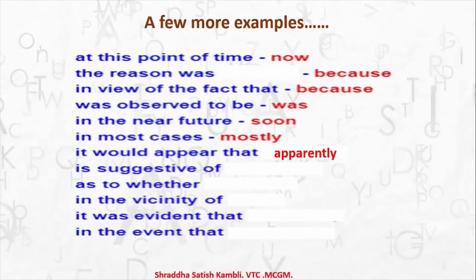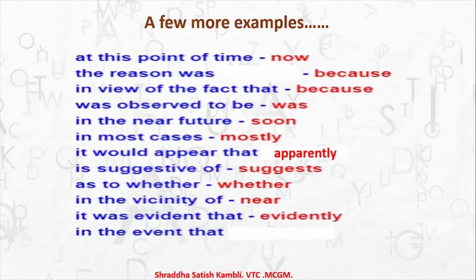Is suggestive of could mean suggests. As to whether could mean simply whether. In the vicinity of would mean near. It was evident that. Instead of saying these four words, you could simply say evidently. In the event that, you could say if.